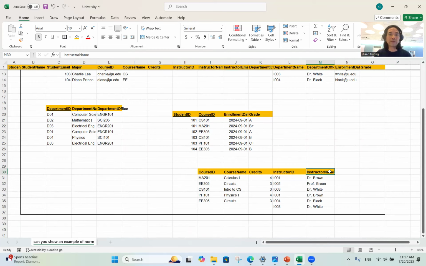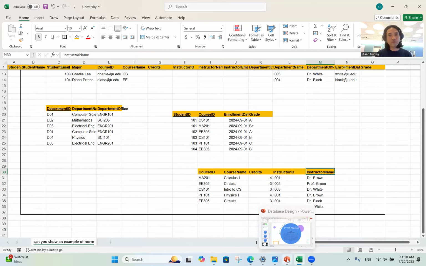The instructor ID is kind of like that. It's a primary key for the instructor table. So this non-key attribute actually depends on the instructor ID, not the course ID. But the instructor ID depends on the course ID in this course table. So that's why you have to remove that one, because there is a case of transitive dependency.